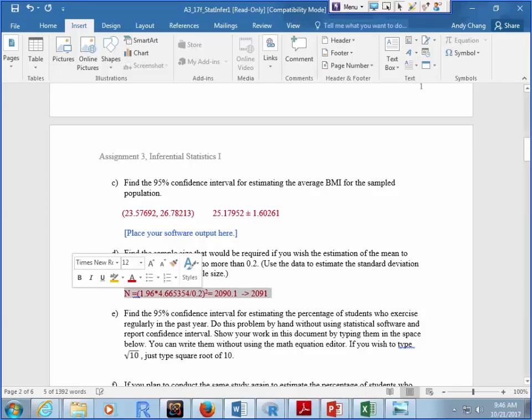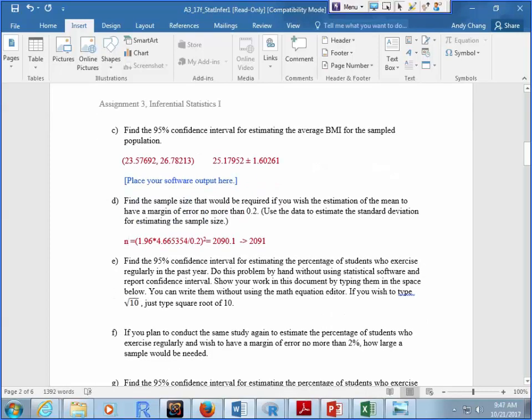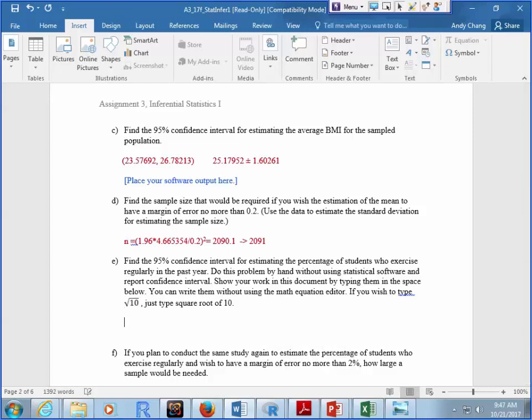Right? Okay, so that's the sample size required for estimation. And part E is actually for estimating the percentage of students who exercise regularly in the past year. So this is estimating a proportion.